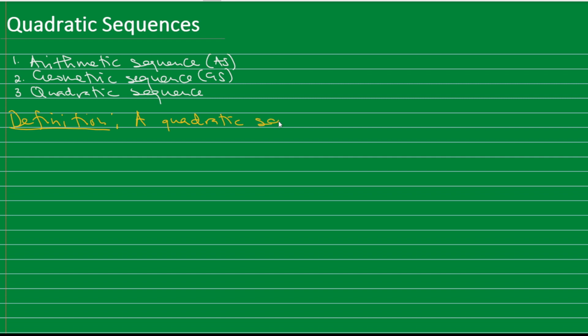A quadratic sequence is a sequence, which means the order of the numbers matters, in which the second difference is constant. Let me highlight that.